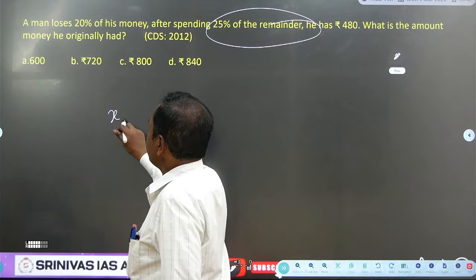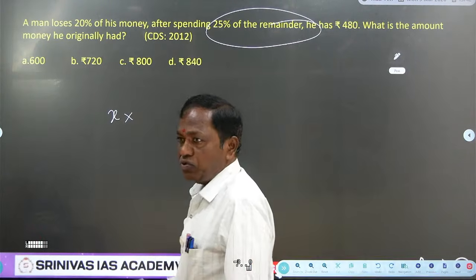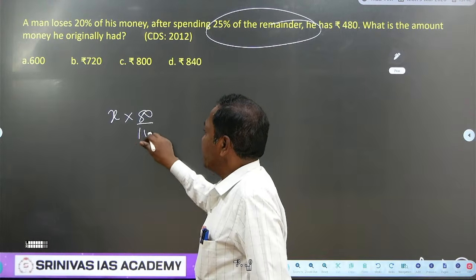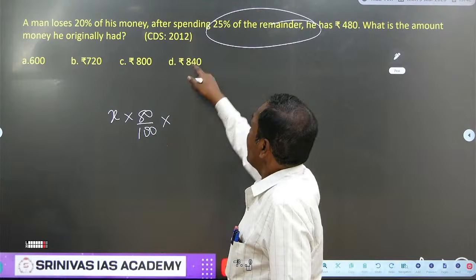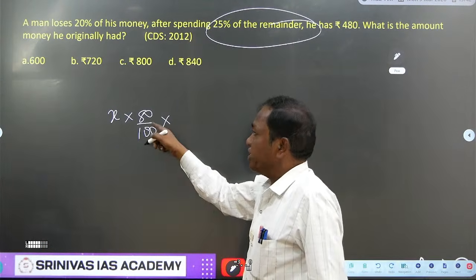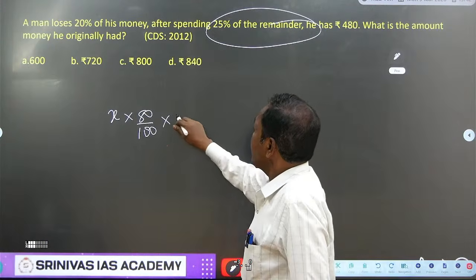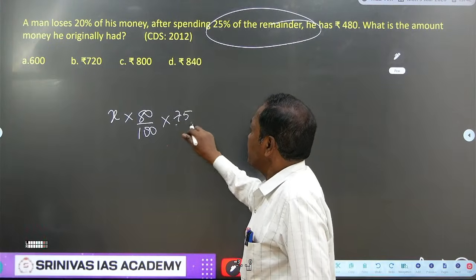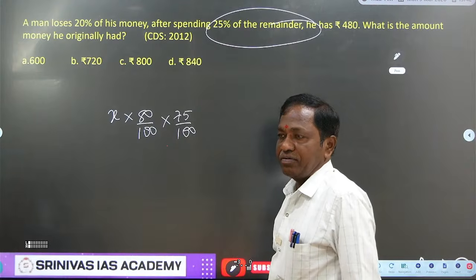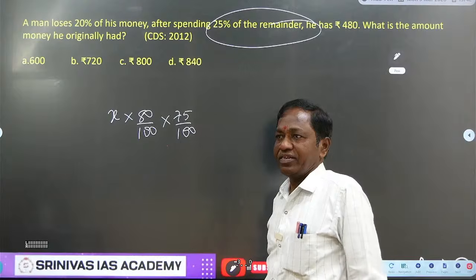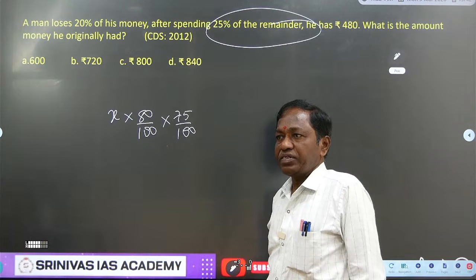We don't know. X into, I lose 20%, I am left with how much? 80%. Into again spending 25% of the remainder, how much am I left with? 75%. After spending 25%, I am left with 75%.